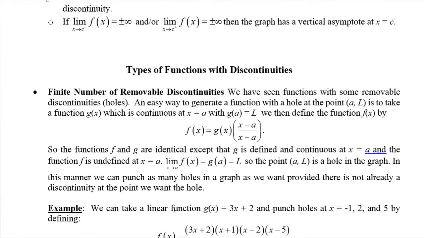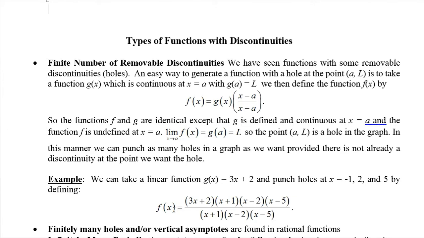First of all, we've had functions that had a finite number of removable discontinuities. Basically, it's a continuous function with a few holes punched in it, so it's no longer continuous. It has discontinuities here. Now, one easy way to get a hole at a point, say (a, L), is to take a function g which is continuous at x equals a with g of a equals L, and then define the new function f of x as g of x times (x minus a) over (x minus a).